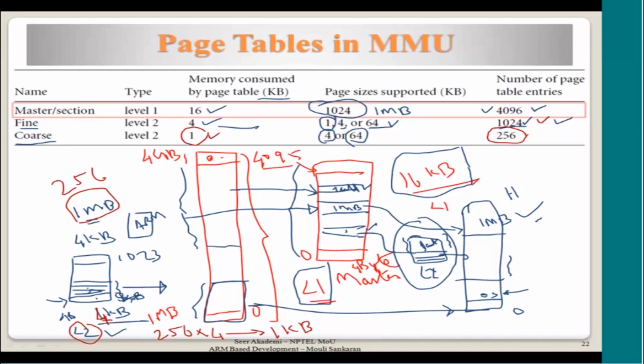Similarly, it also supports 64 KB pages. 16 times 4 is 64, so 16 consecutive entries in the L2 coarse table will have identical entries to support the 64 KB pages, similar to what I said about supporting 4 or 64 in the fine page table. I hope you understand what the different entries correspond to.